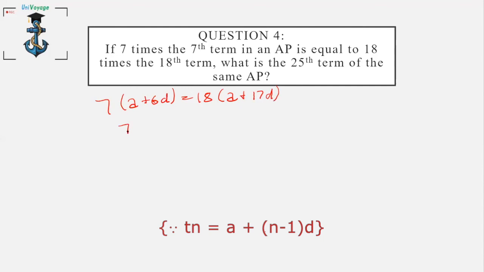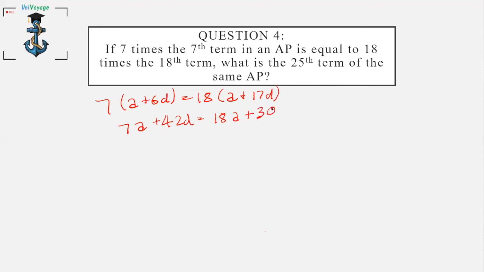Let's try to open the brackets. 7a plus 42d is equal to 18a plus 18 into 17, which is 306d, right? So we can write 0 is equal to 11a plus 264d, and a plus 24d is equal to 0.